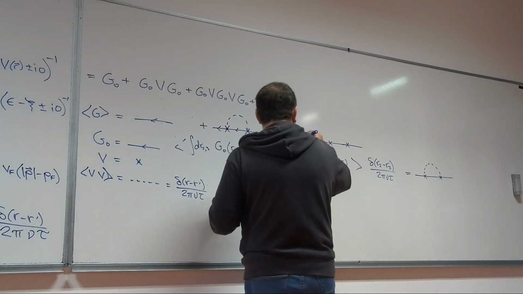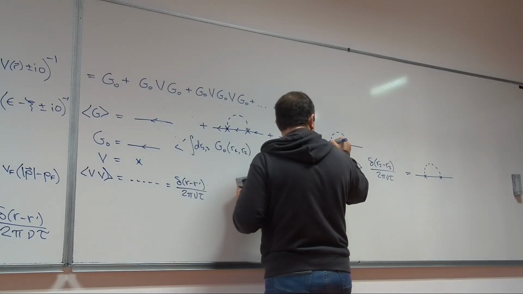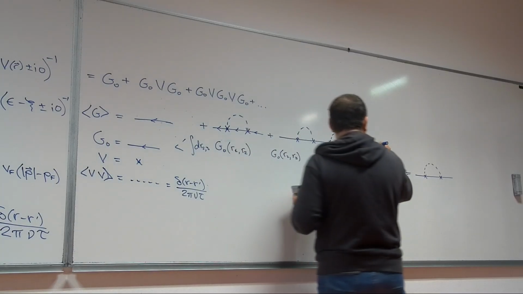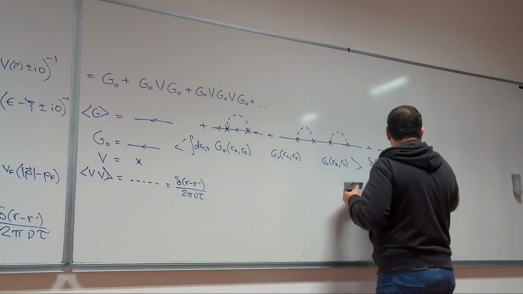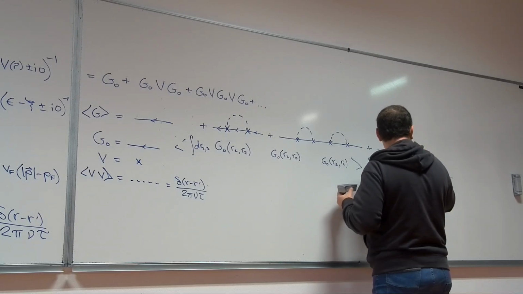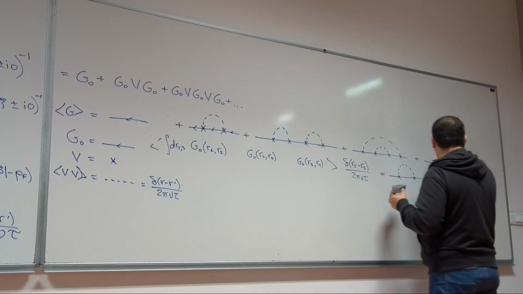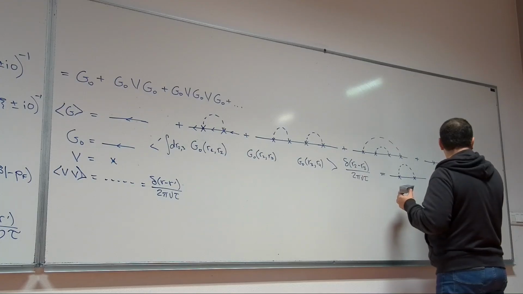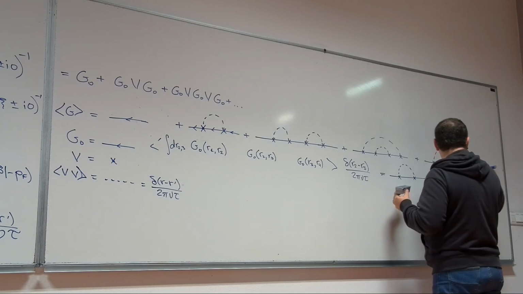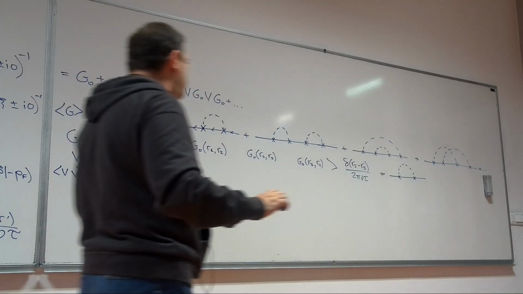So I can connect these 2 crosses with the dashed line, this is one option, plus I can connect the same 4 crosses this way, plus this way. And that's all. All the next terms will contain more than 4.